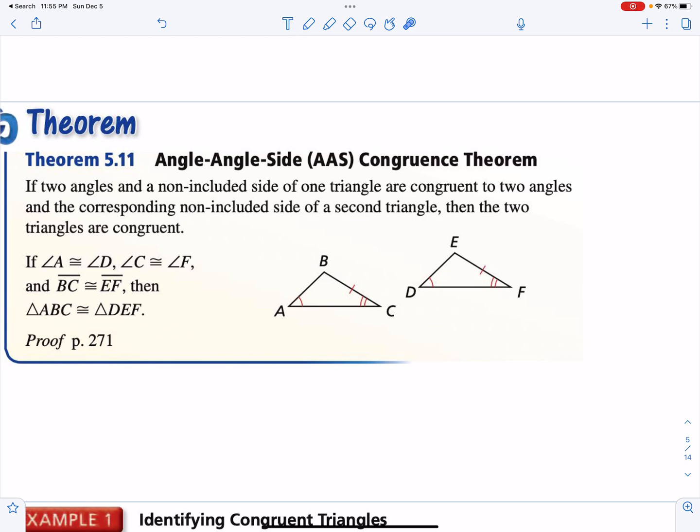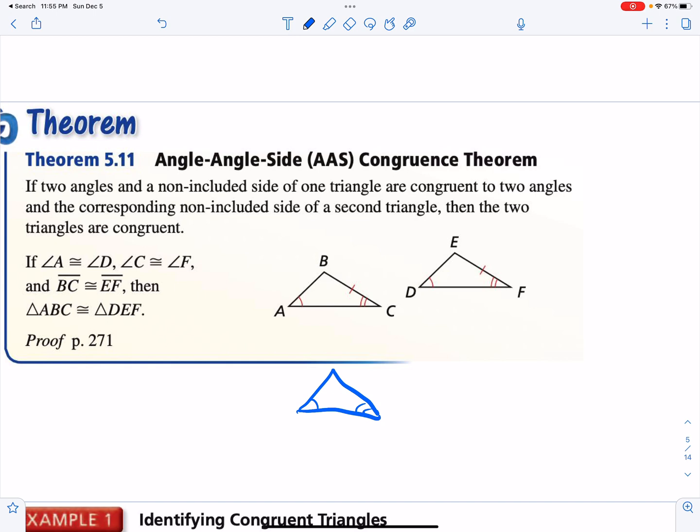So if I have any given triangle and I know two angles are congruent, let's just say it's these right here. Regardless of what side is congruent, if I know a side is congruent in this figure, I know that I can prove them congruent.